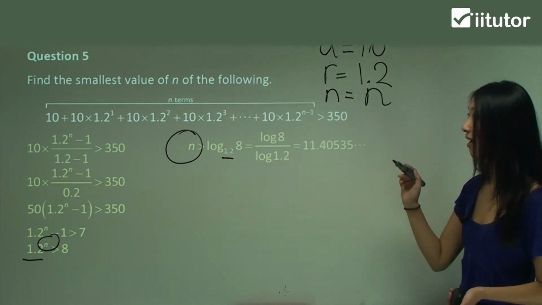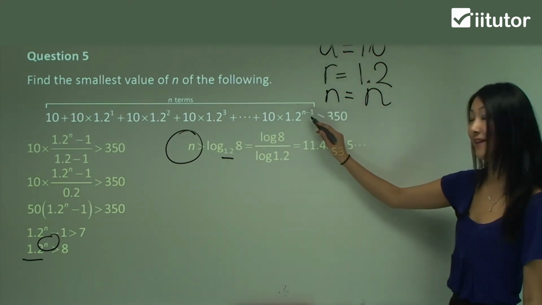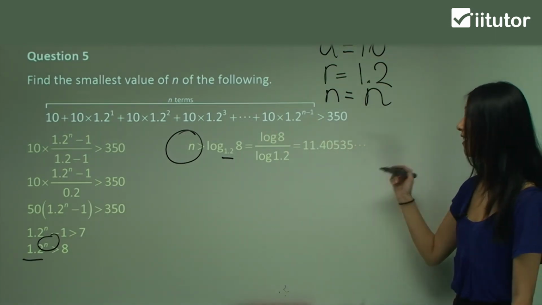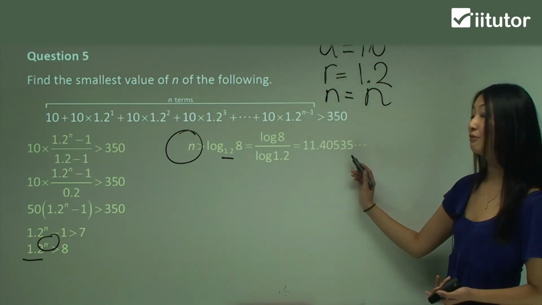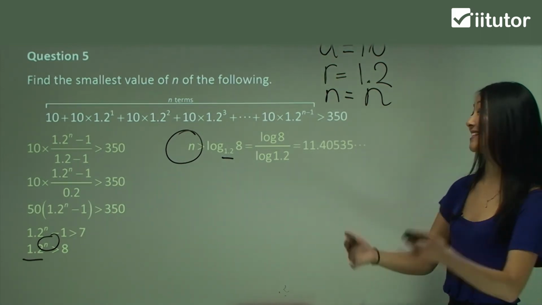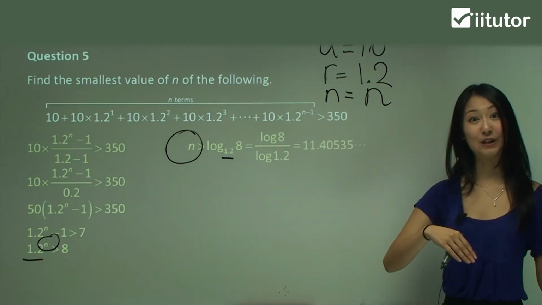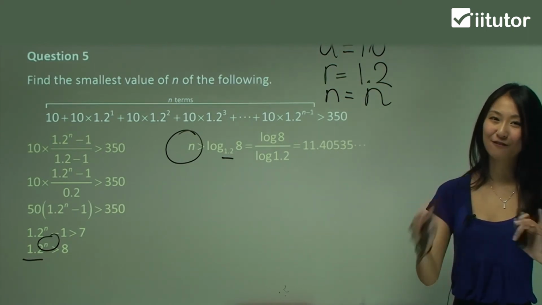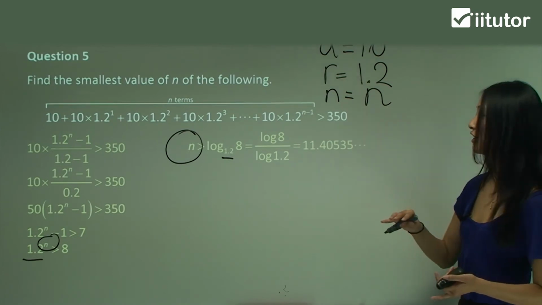Now remember, the point of this question was we want to find the smallest value of n that made this series greater than 350. Now, usually in maths, we're used to rounding down if it's less than 11.5 and rounding up if it's greater or equal to 11.5. But it's slightly different in this case, so I'll show you.